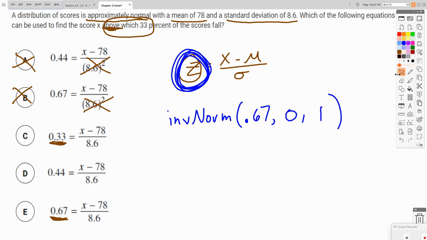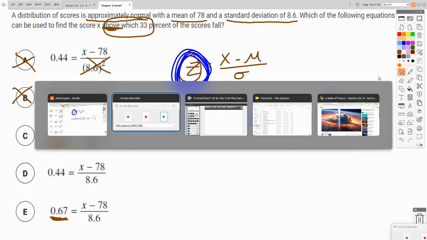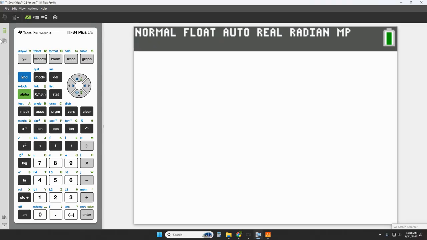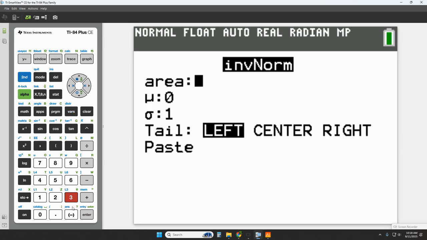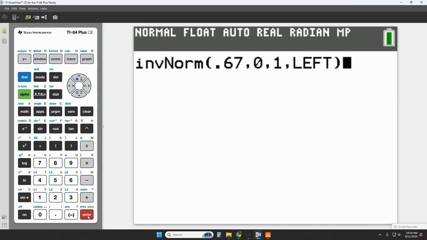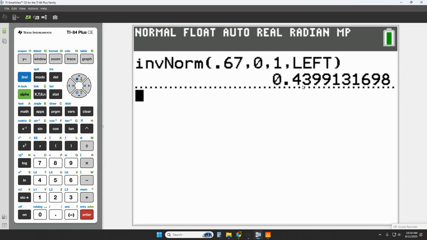So let's grab our calculator here. If we went second variables, down to number 3, did 0.67, 0, 1. Now, I could do 0.33 and say the tail is to the right, because that would be 33% above. Then we go down to paste, and lo and behold, there's that 0.44 that we saw.